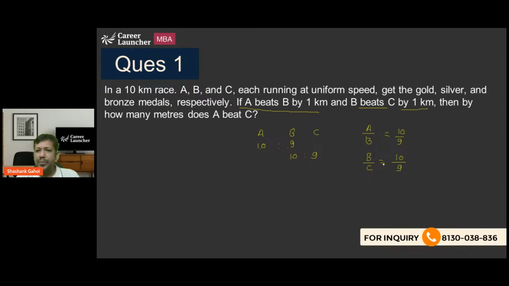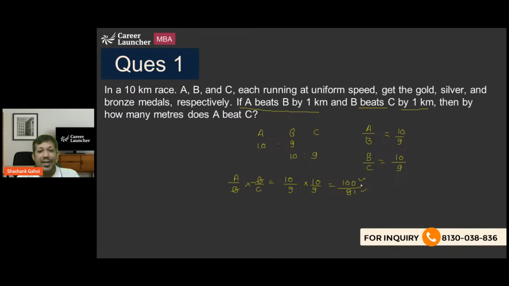So if the ratio of speed is 10/9 and the ratio of speed is 10/9, what I'm going to do is multiply both. So A by B into B by C is equal to 10/9 into 10/9. B cancels out, and we can say it's 100 upon 81. So the ratio of speed is 100 to 81.